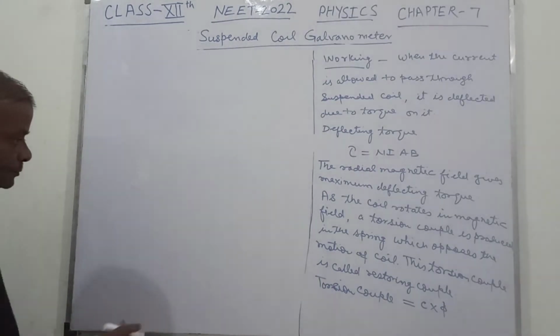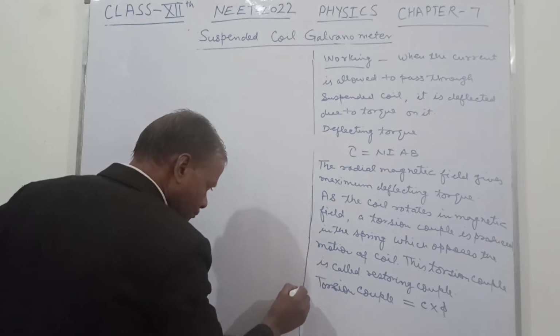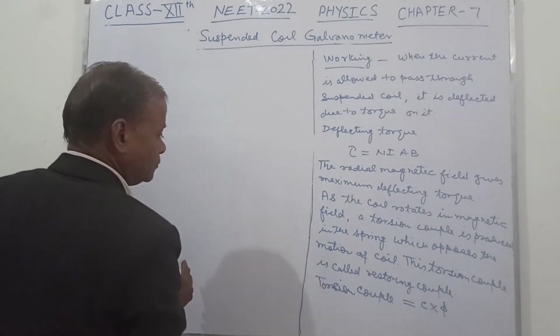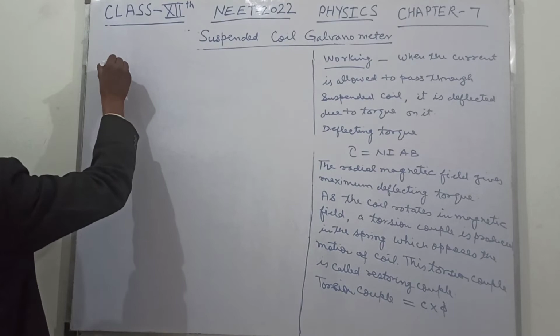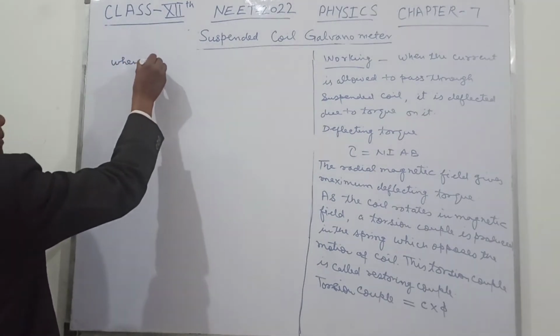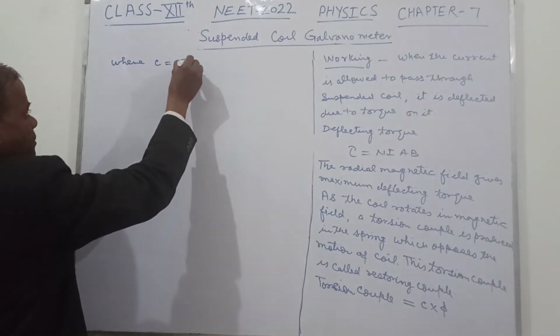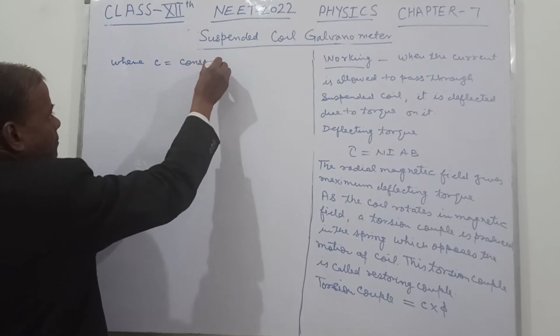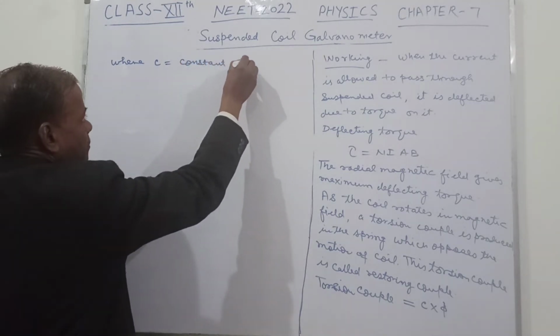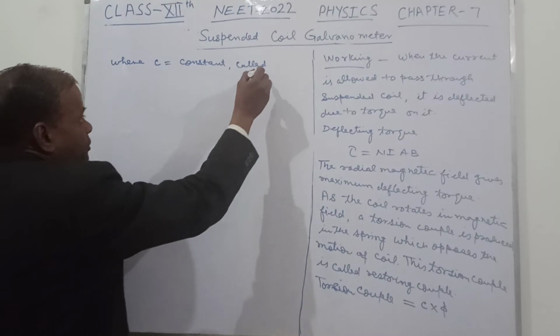Where C is a constant called torsion constant.